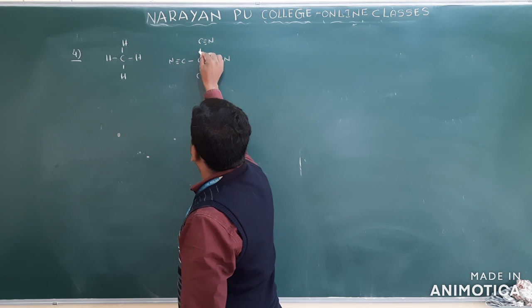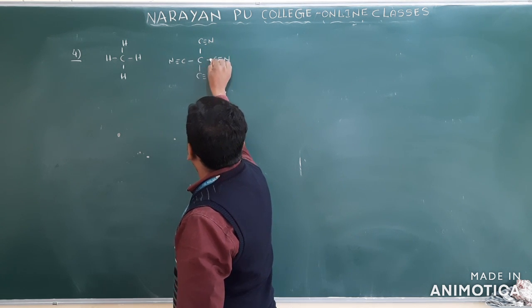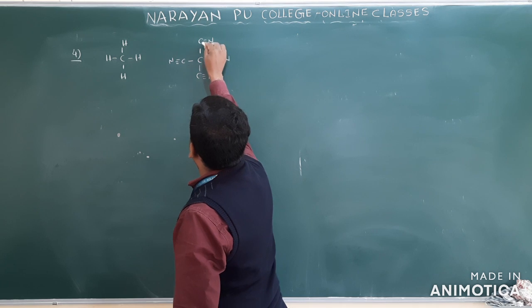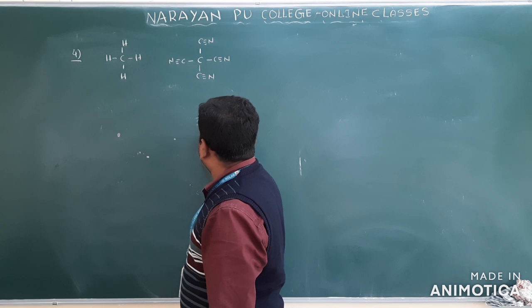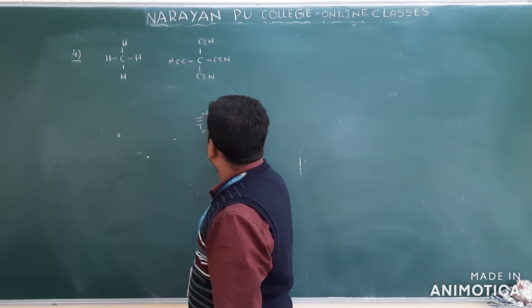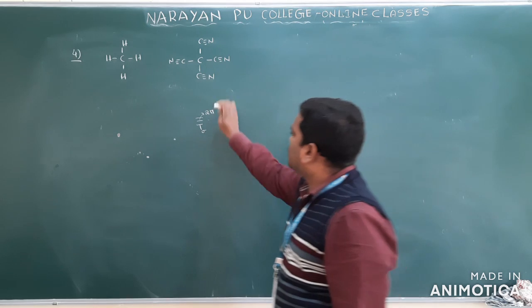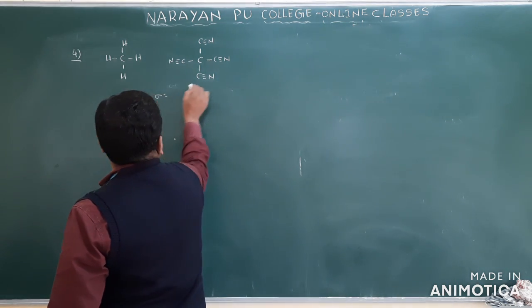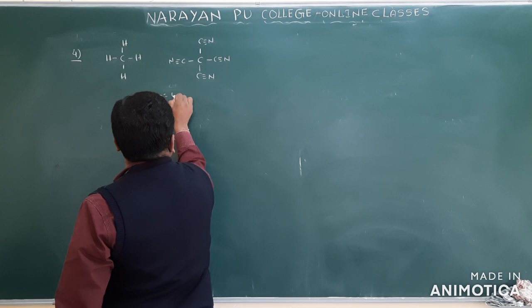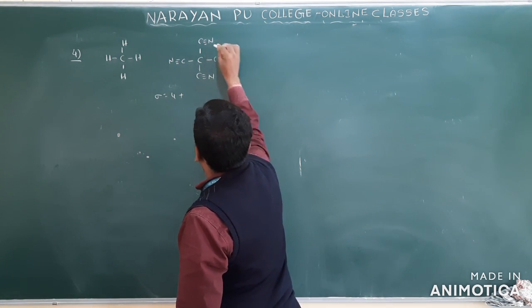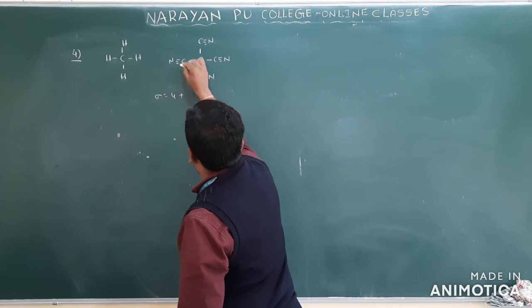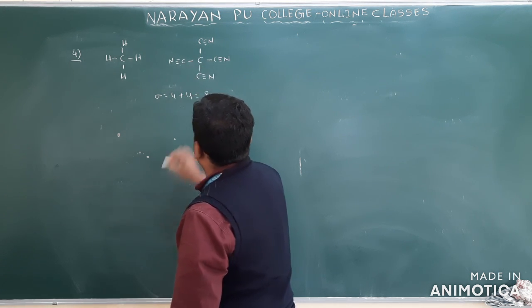Sigma bonds: this is 1, 2, 3, 4. 4 sigma bonds are here, and here a triple bond is there. In a triple bond, 1 sigma, 2 pi. You already know that. Clear? So total how many sigma bonds are there? 1, 2, 3, 4, 4 sigma, and in each multiple bond, 1 is sigma. 1, 2, 3, 4, and 4 plus 4, total 8 sigma.